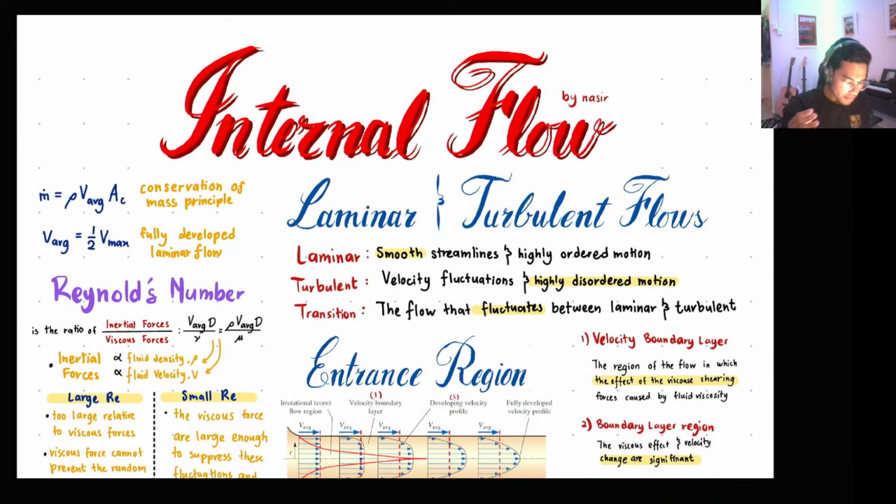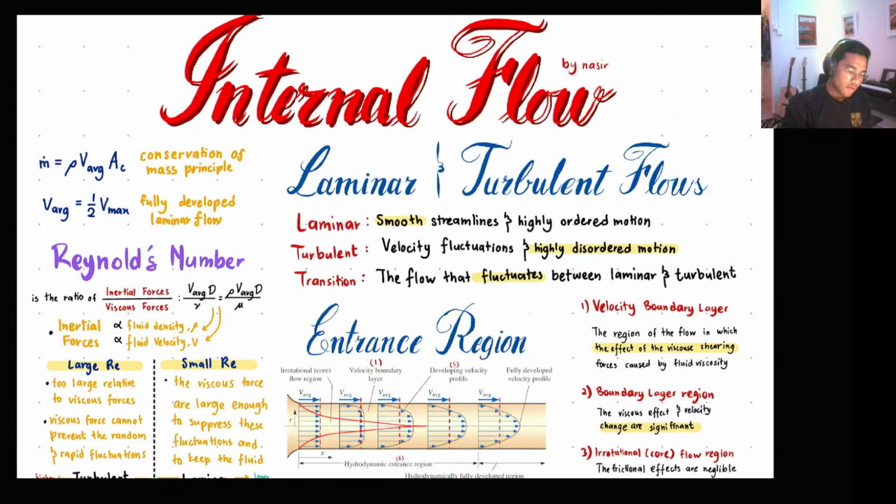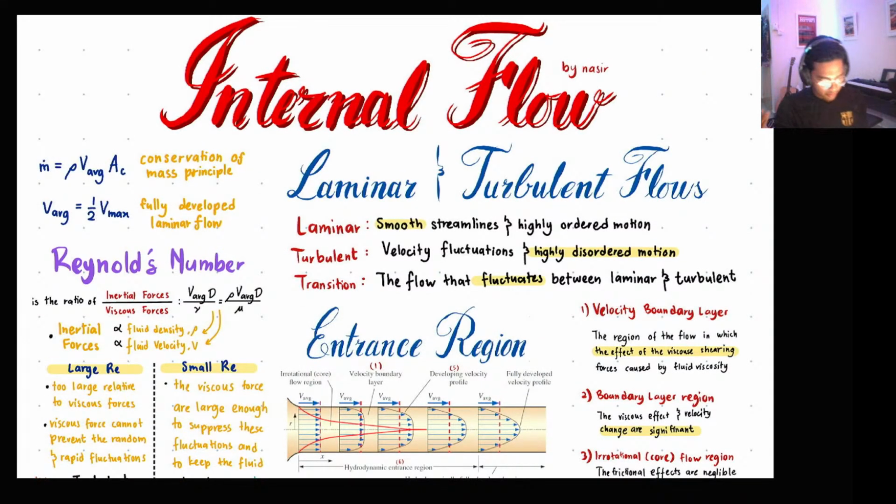Okay, let's start chapter 8, internal flow. So what is internal flow? Internal flow is basically fluid flowing in a closed volume, or the space is filled with the fluid.